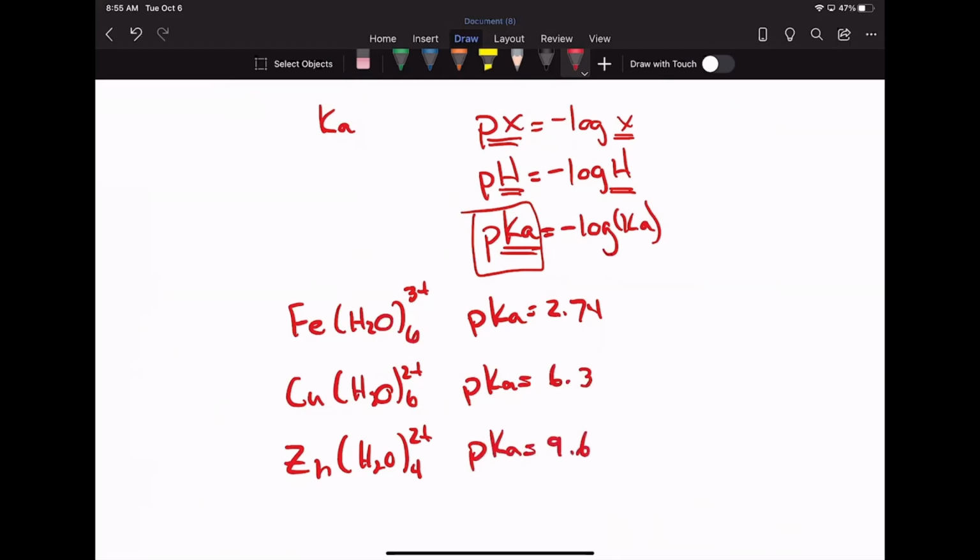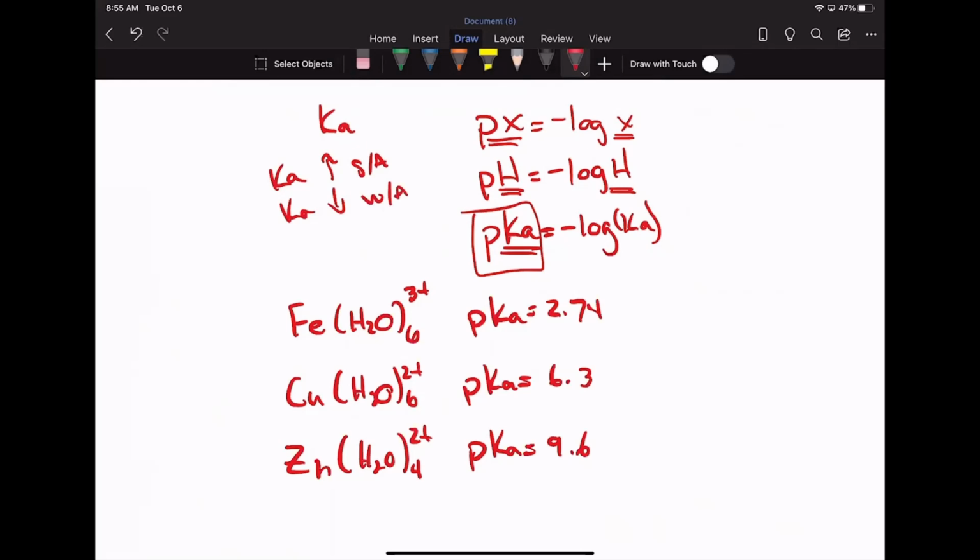All right. When we talked about Ka values before, the higher the Ka, the stronger the acid. The lower the Ka, the weaker the acid.